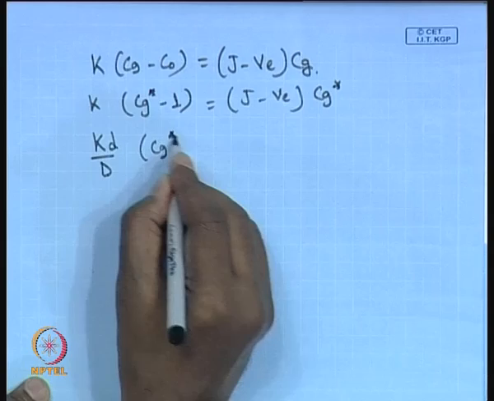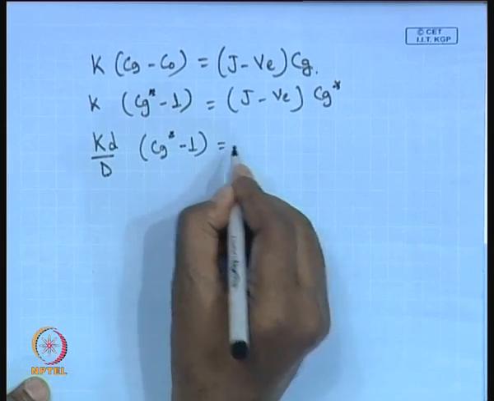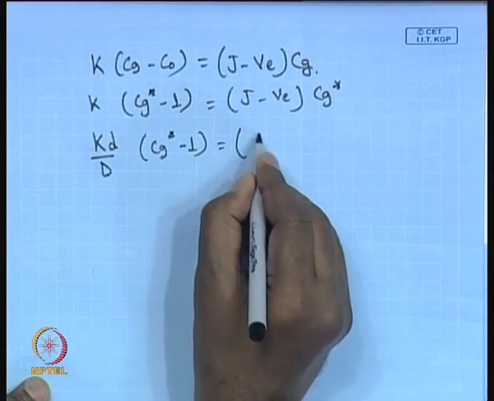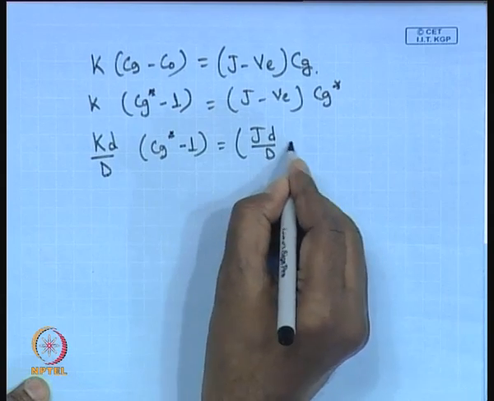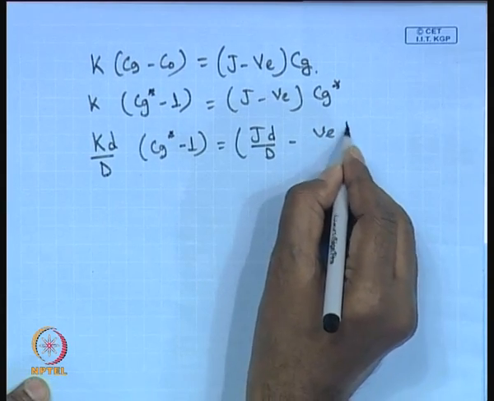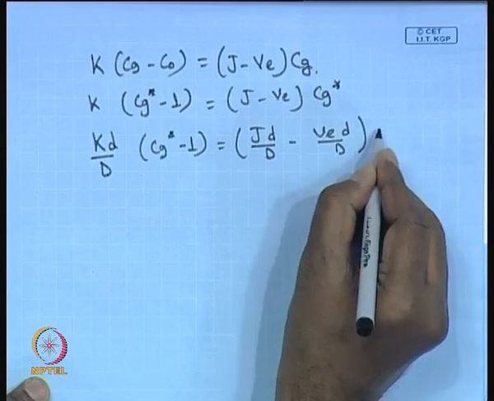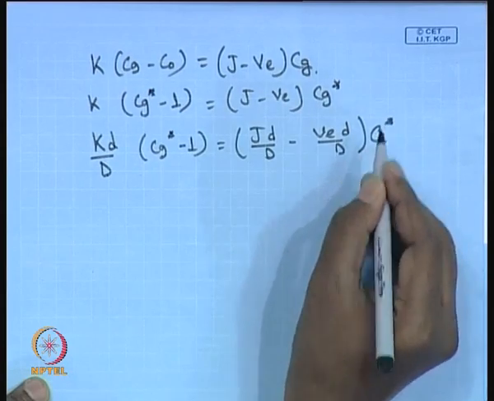You will be getting k d by D times (Cg star minus 1) is equal to J d by D minus VE d by D times Cg star.